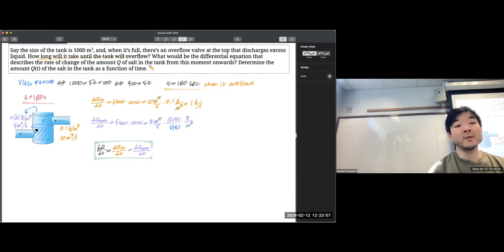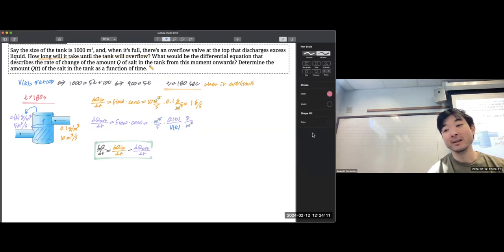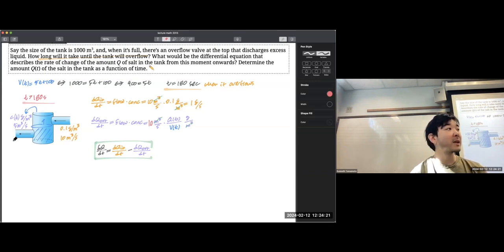If you look at the total outflow, is it still 5 if we're also letting things pour out from the top? What is it going to be? 10. Good. So this will be 10. I'm going to write it in red so that it's clear that this changed from before. This is 10 because of all the water being pumped in, 10 cubic meters per second, only 5 cubic meters per second was getting out of this clogged drain.